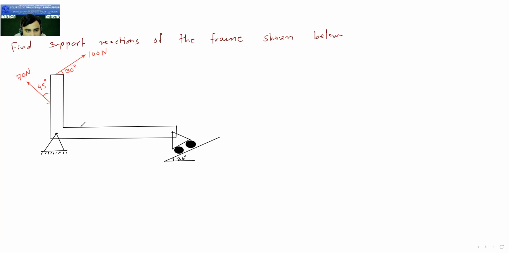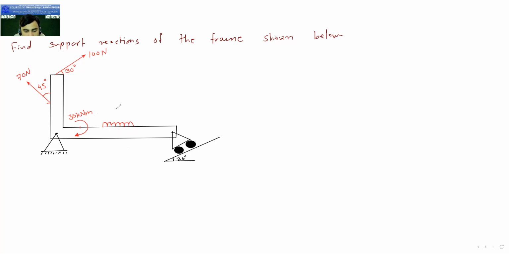Then here at this point, a moment is acting. A moment in clockwise direction is acting. It is 30 kilonewton meter. Then here UDL is given up to certain span.